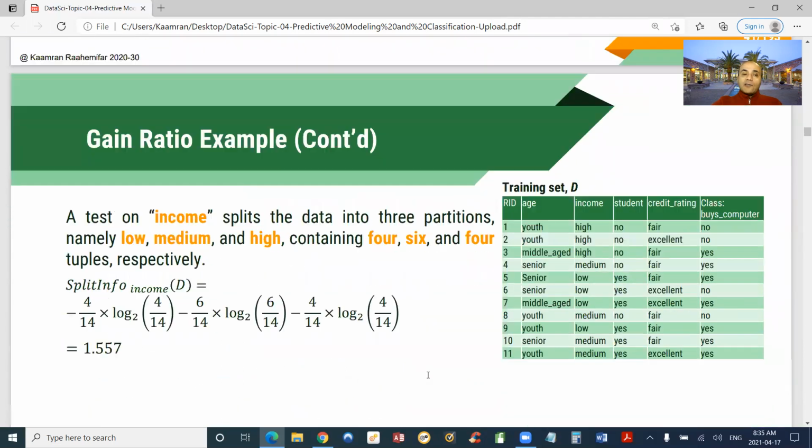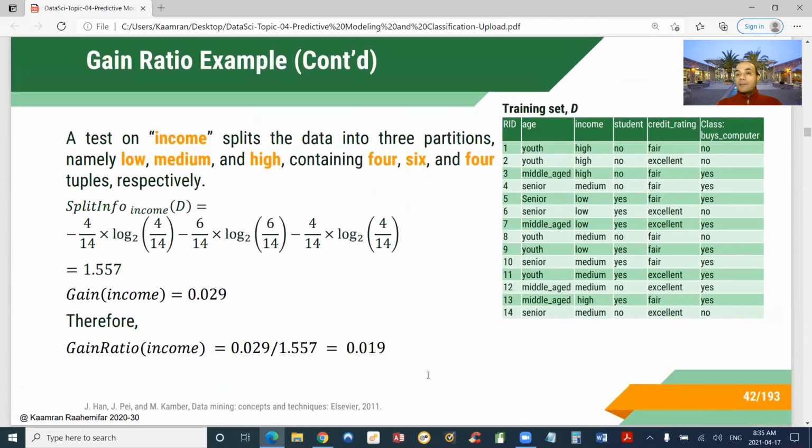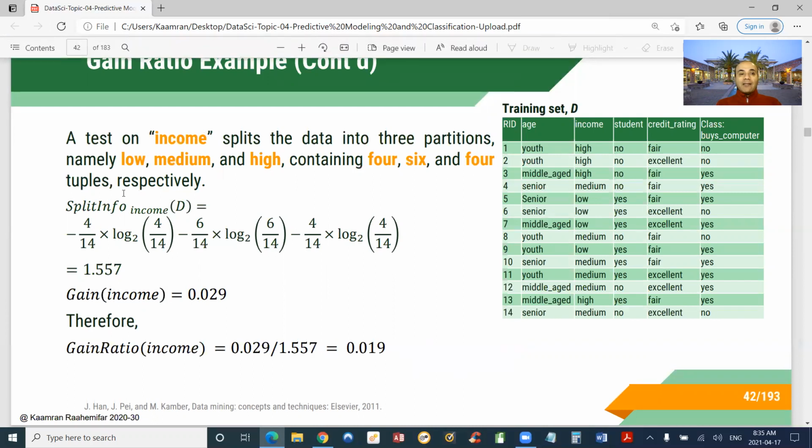For us to understand that, let's begin with an example, the very same example. A test on income splits the data into 3 partitions, low, medium, and high, containing 4, 6, and 4 tuples. So low has 4 tuples, medium has 6 tuples, high has 4 tuples. Tuples means a row in your Excel sheet. So if you calculate that, what do you get?